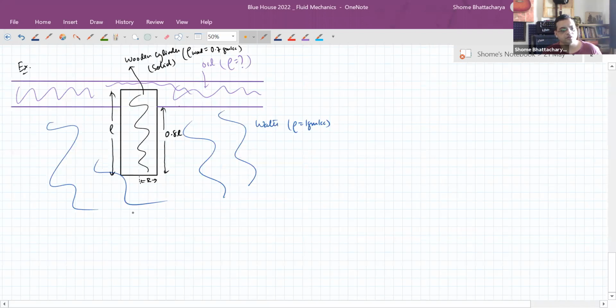So this wooden cylinder is floating as shown. First of all, we have to find the density of oil from this information.